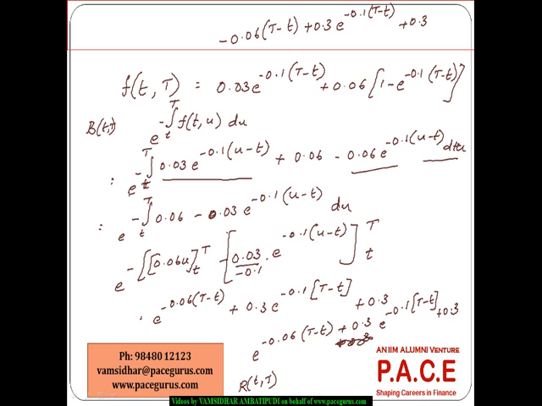So this is the log, and then minus 1 by (T minus t) times this entire value. You can very well simplify it, and this is the spot rate associated with this particular instantaneous forward rate. So that's how we can find the relationship between the price, spot rate, and instantaneous forward rate of the securities.